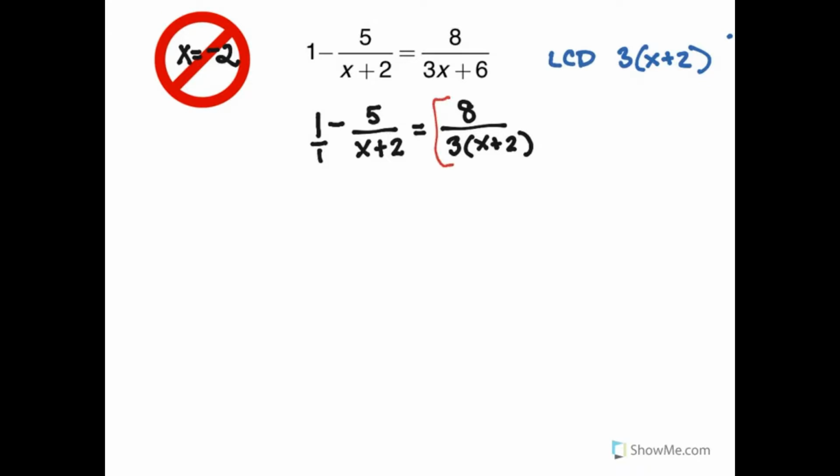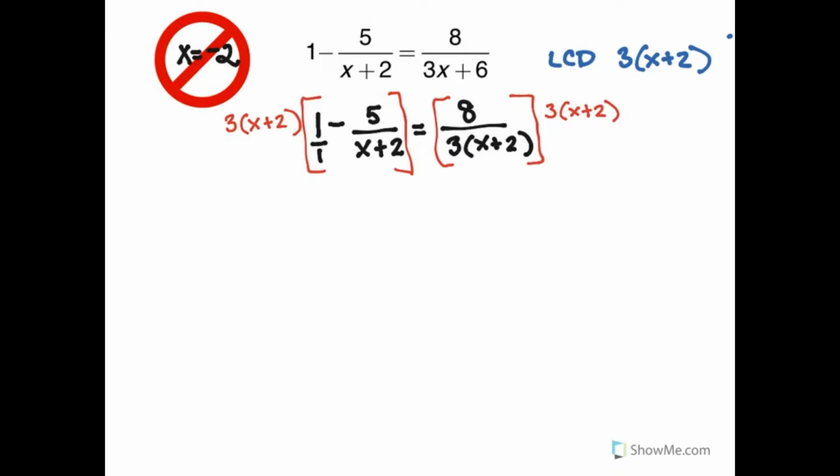Since it's an equation, I can multiply both sides by the same thing, and that will allow me to clear fractions. When I multiply by the LCD, it will cancel out all the denominators in the problem, and I won't have any more fractions.